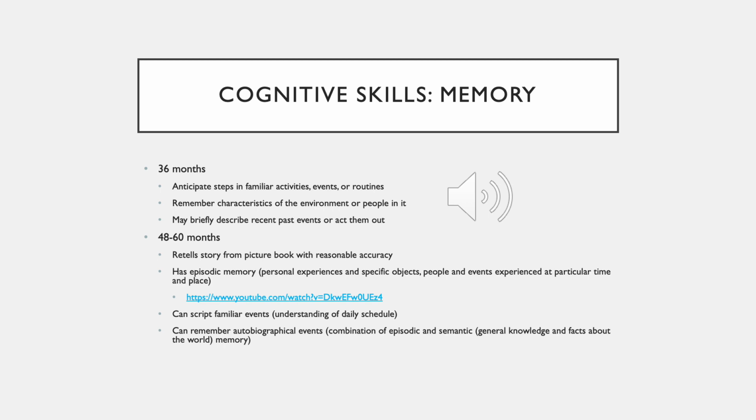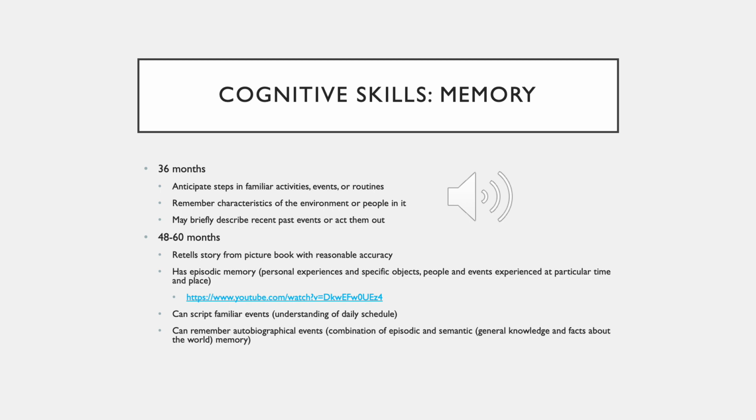So I'm able to talk about the experience at a particular time, specific people, objects, and have that within my episodic memory, but then my semantic memory is general knowledge and facts about the world. So I have general knowledge and facts about Disneyland, and I have specific events related to when it was the pandemic time and how COVID has affected people wearing masks at Disneyland.